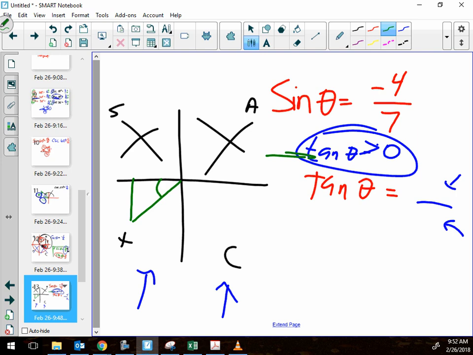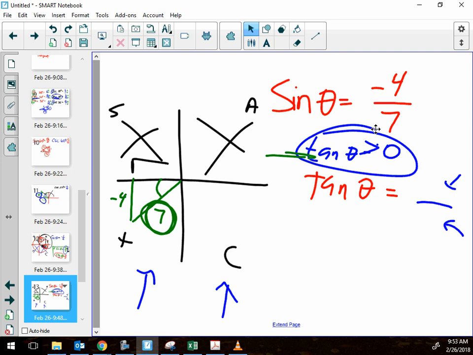Here's my triangle. Sine is opposite over hypotenuse. Opposite's -4. Hypotenuse is 7. Could I have flipped that around and made the hypotenuse negative? No. It's defined that that can't be. This has to be positive. There is no scenario where you can make that negative. Okay, so then I've got to find that third side. That's kind of a pain.